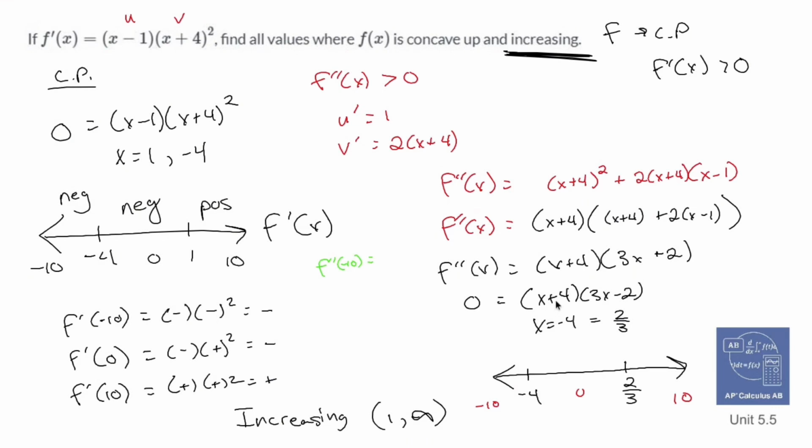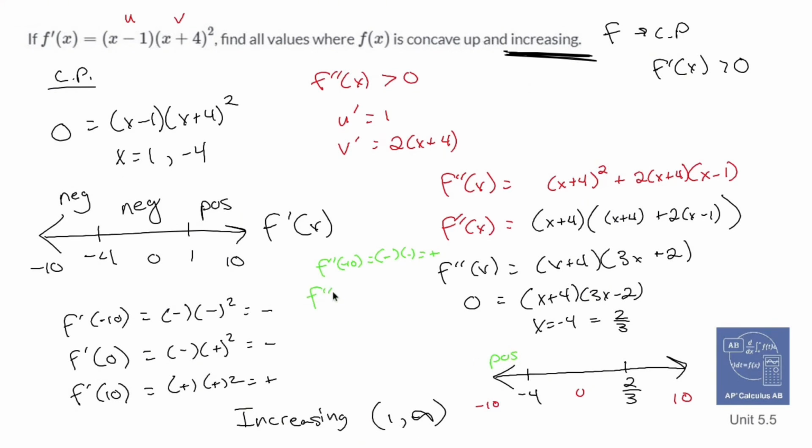If I'm going to use this equation right here, that's going to be negative 10 plus 4 is negative, negative 10 times 3, that's going to be negative still, so a negative times a negative is a positive. So you're positive, which is concave up. Okay, I'll put positive because I'm trying to be consistent, not just the plus sign. Positive.